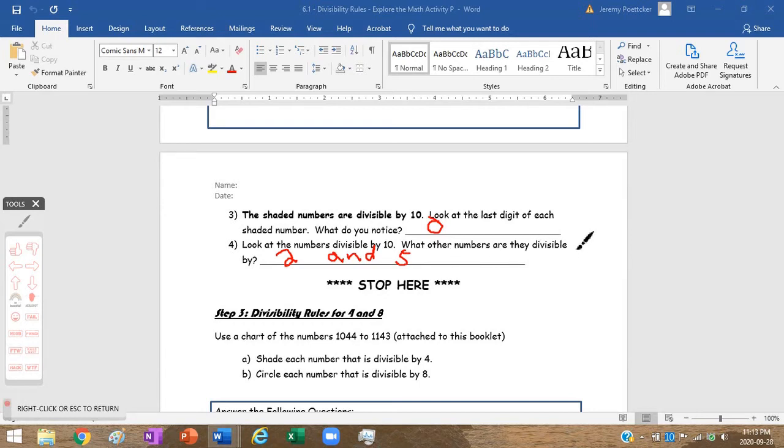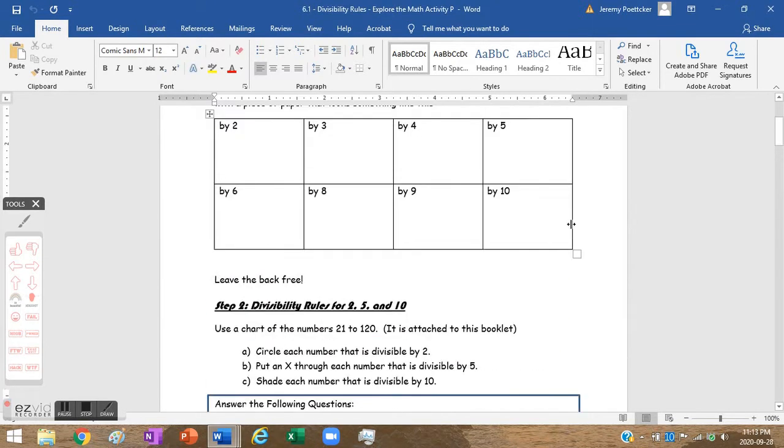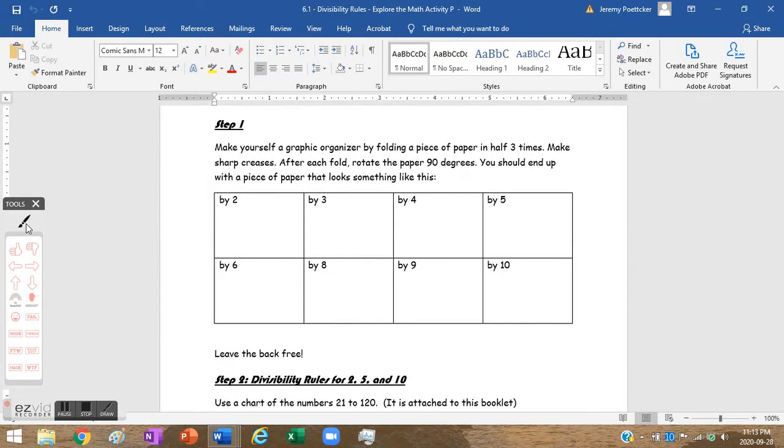At this point, you're going to stop, and you can do this in your own words. I'll give you some guidance in the video. You're going to go back to your graphic organizer that you made right here, and you're going to be able to fill out 2, 5, and 10. Don't tell me divisible by 2 is a circle.